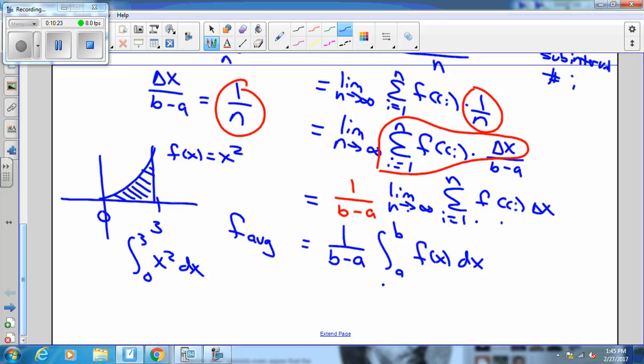And what I did was to take this whole area and divide it by the width, 3 minus 0. And when I divide area by width, what I get is height, average height. Just as if I had taken a rectangle whose height is f average and computed its area right here.